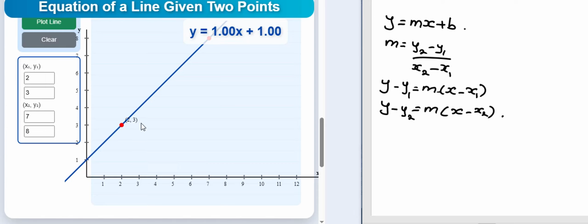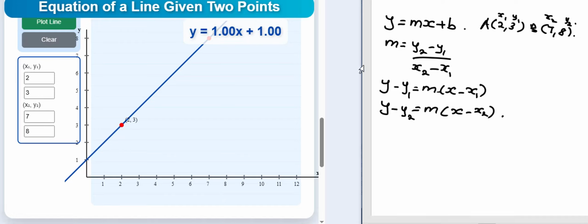So, the line passes through point A, which is 2, 3, and point B, which is 7, 8. Then this becomes x1, this becomes y1, this becomes x2, and this becomes y2.